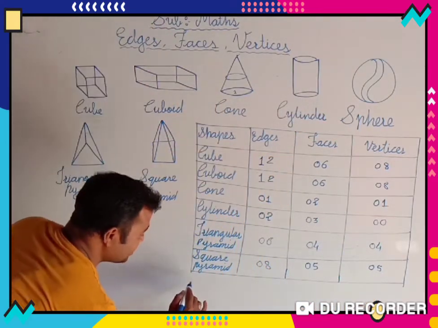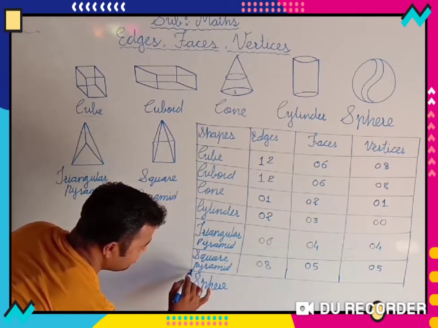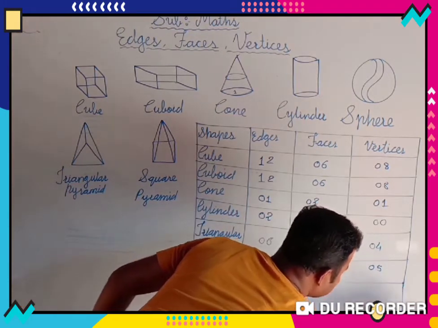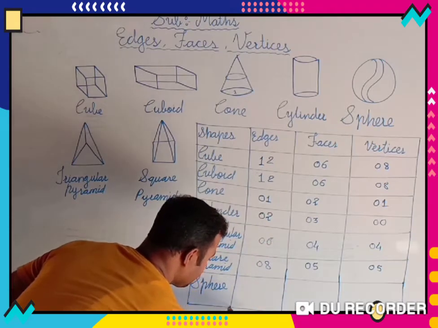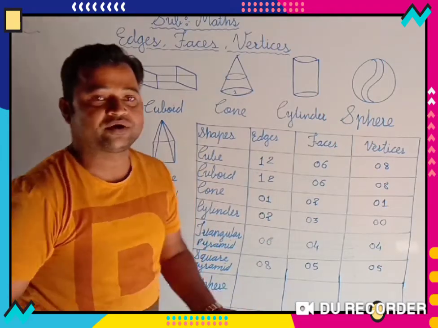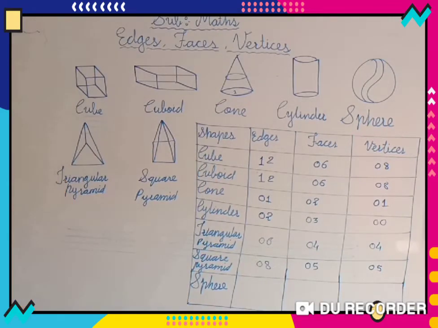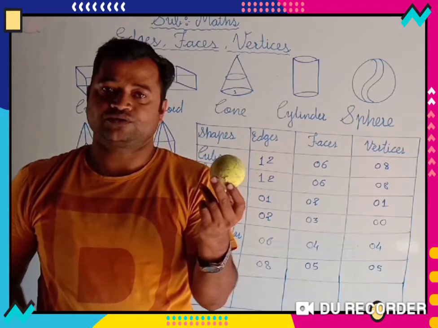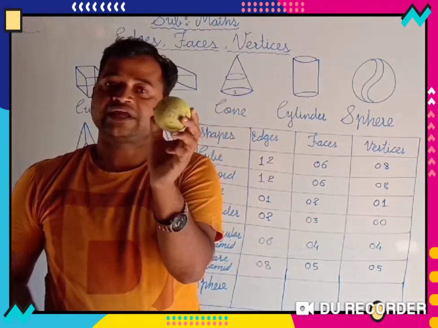Now what is missing? Sphere. Let's add it downside. S-P-H-E-R-E. Examples of a sphere are the balls which you have. You can take any ball: a cricket ball, a TT ball, a football, volleyball or basketball. I have a cricket ball with me, right? A ball has no edge because it is entirely round.